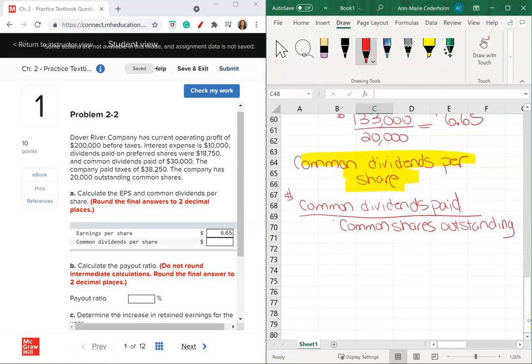My common dividends paid were 30,000, and my common shares outstanding are the 20,000. Those are both just given to us in the question. So that's $1.50. Again, to read this, for every $1 of common shares on the bottom, you get $1.50 of the common dividends paid out for the year.